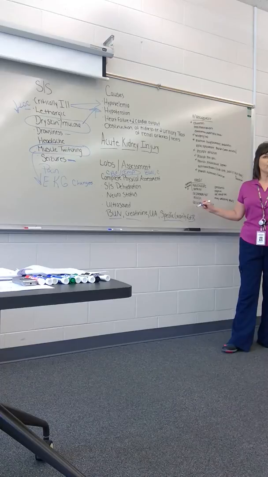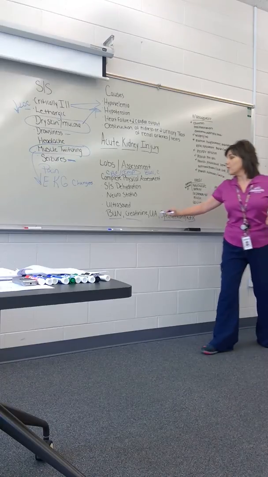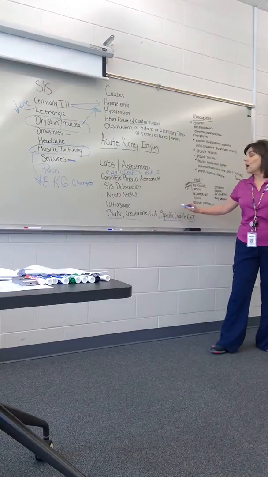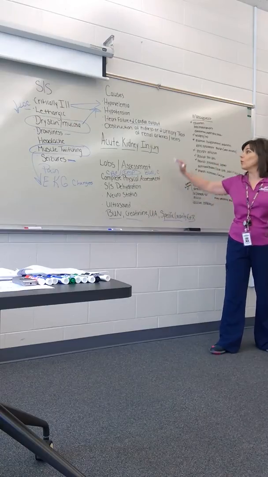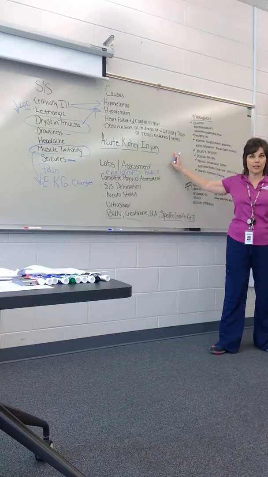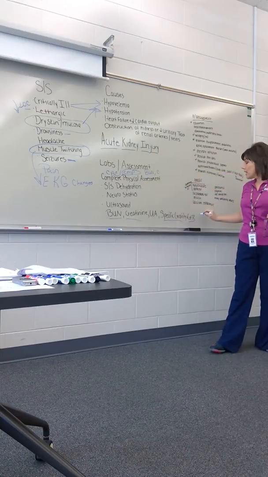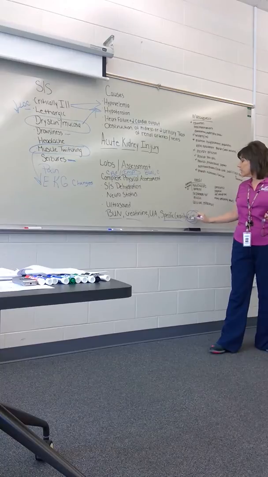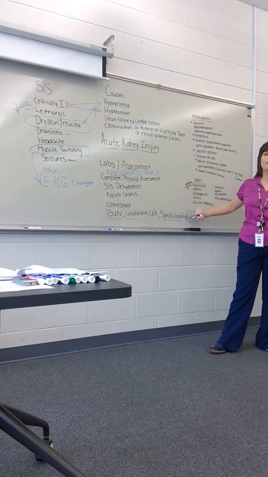On the pre-recording when I was talking about the diagnostics, these are extremely important when we're evaluating acute and chronic kidney dysfunction. Your GFR is going to tell you what stage of kidney dysfunction they're in.